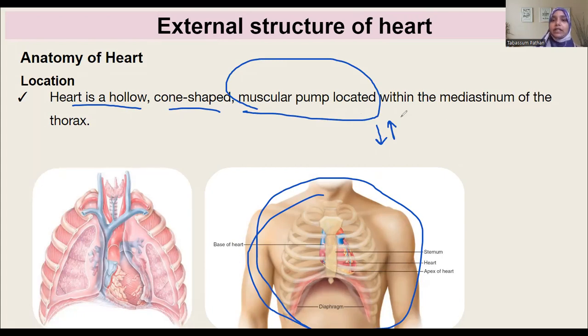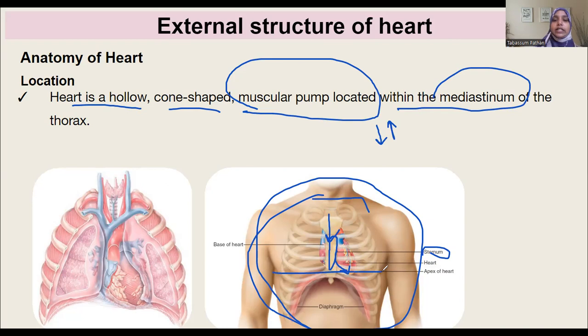It is located in the mediastinum. As you can see in the diagram over here, this whole region is known as the mediastinum. You have the collarbone, and you have the central chest bone over here, which is known as the sternum. Inside the ribcage, the heart is protected, and here you can see the location is quite central, slightly tilted towards the left. So it is located within the mediastinum of the thoracic region.